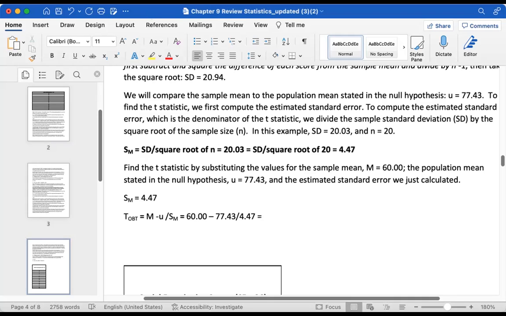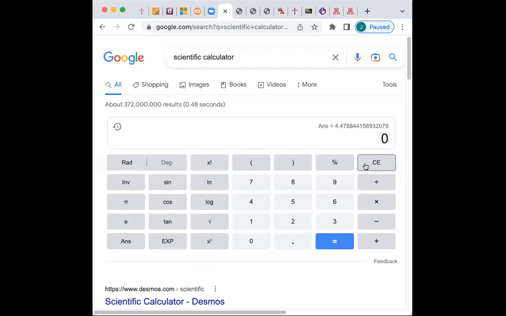So if we go into a calculator right here, 60 minus 77.43, divided by, I'm just putting extra brackets to make sure I do numerator by denominator, 4.47 or 4.48, is negative 3.89.